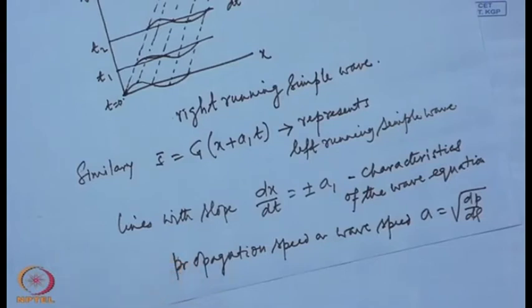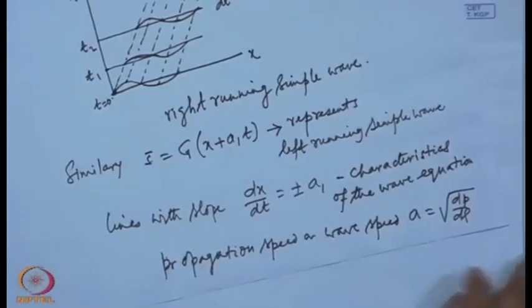The result is applicable to disturbances in which the velocity and temperature gradients are very small and u by a 1 is much smaller than 1.